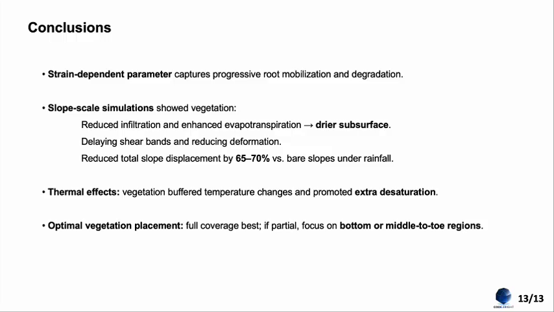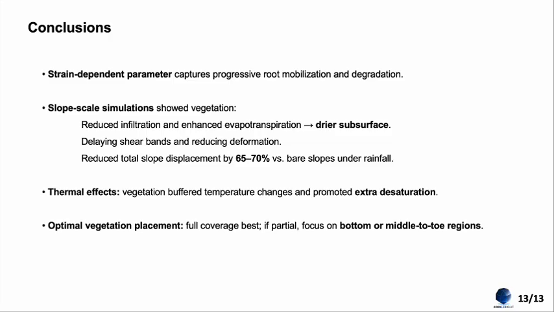And the conclusion of these results and simulations can be presented in 4 different items. Firstly, the main result is that the strain-dependent parameter that I used, which I mentioned as the R parameter, can effectively simulate the progressive behavior of the vegetation in terms of mobilization or degradation.